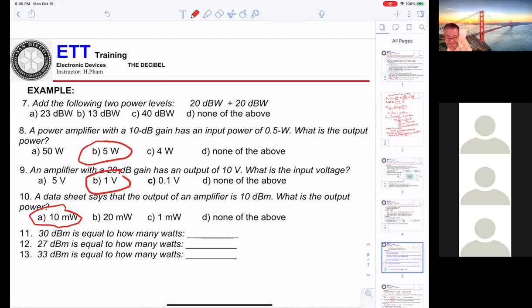Eleven, 12, 13. That's a question from the test. The thing is, when you get the answer and they interview you, they will ask how come you got that answer. Then you have to show how you did your calculation.